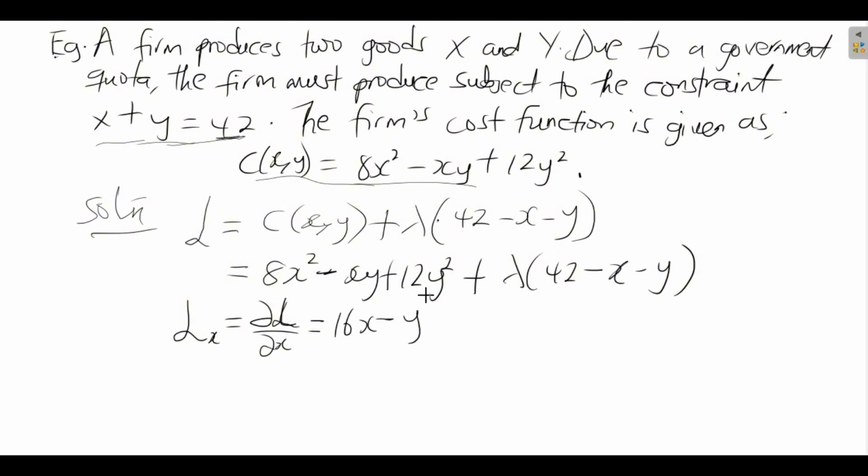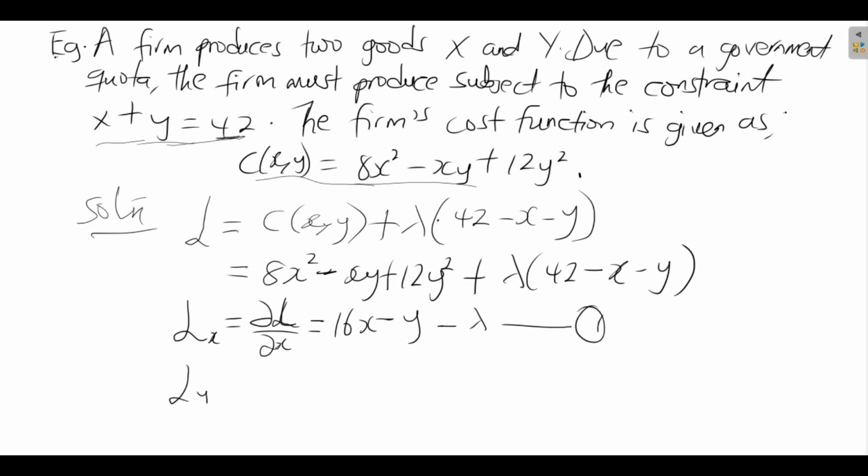Of course, in this term, there is no x, so taking the derivative with respect to x will just give us 0. So we don't need to write anything for this. Now, when we come here, we are going to get minus lambda. Don't forget that when we expand this bracket, we get 42 lambda minus x lambda minus y lambda. So when we take the derivative with respect to x, we are just left with negative lambda. You call this equation 1.